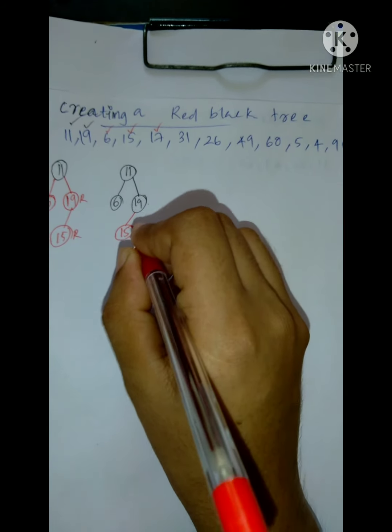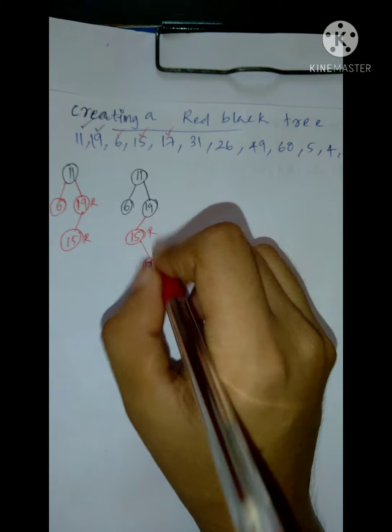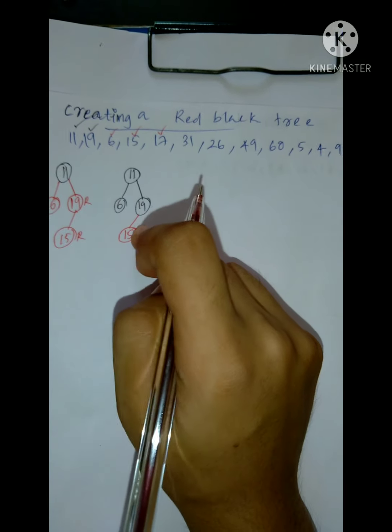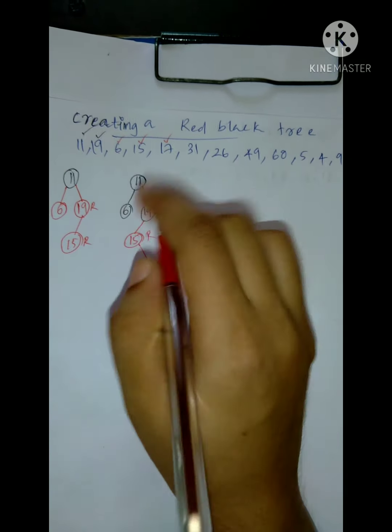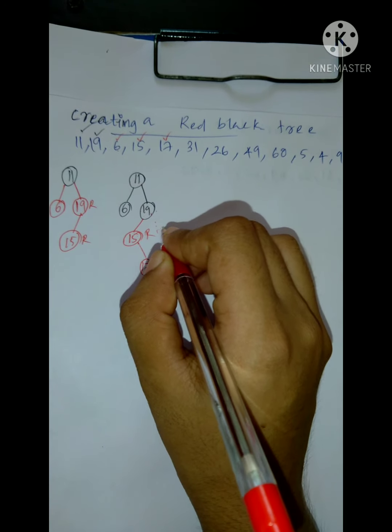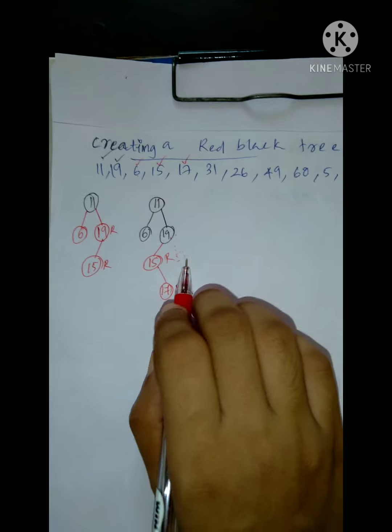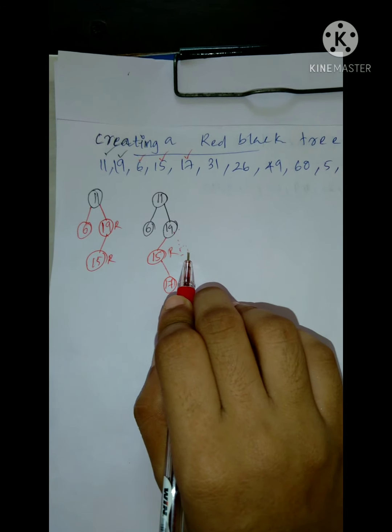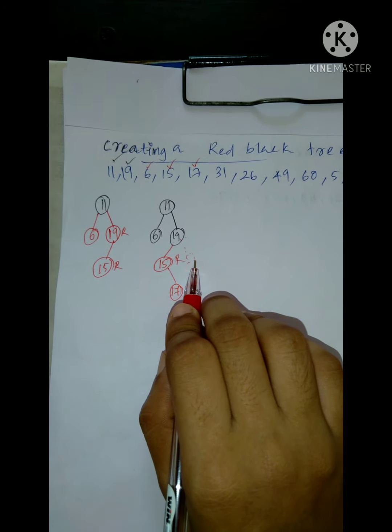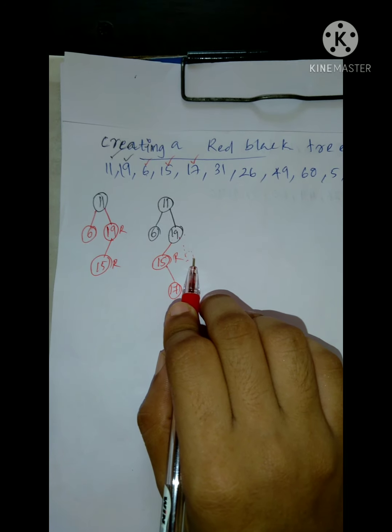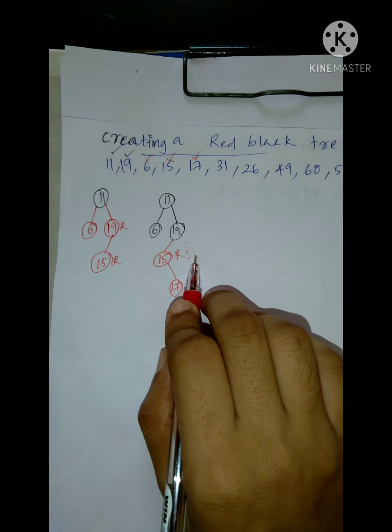This is red and this is red, so here also a red conflict. So we want to check the parent's sibling. Here the sibling is null. Here is the rule: if the parent's sibling is null or black, then you should perform the suitable rotation.